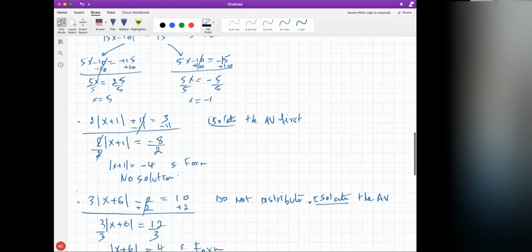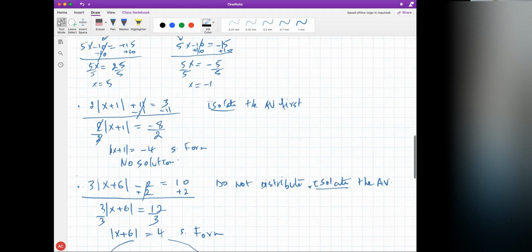So always isolate first. In other words, write the equation in standard form: only the absolute value on one side and some number k on the other side. Based on k, you will know in advance whether to continue solving or not. If you choose the long way, if you distribute and try to solve, it's going to be a long way, and you may not even find all the solutions.